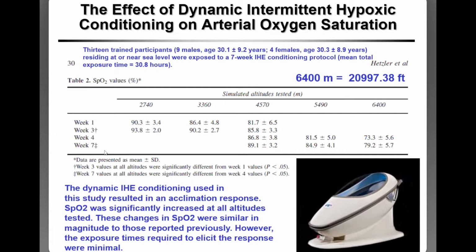As we move down the table across the weeks, it looks like oxygen saturation starts to increase, right? 82 to 86 to 90, and so on and so forth. And this is due to the acclimation of the body to intermittent hypoxia, meaning the body is responding to these hypoxic conditions by increasing red blood cell production through erythropoietin, which is increasing our oxygen carrying capacity.